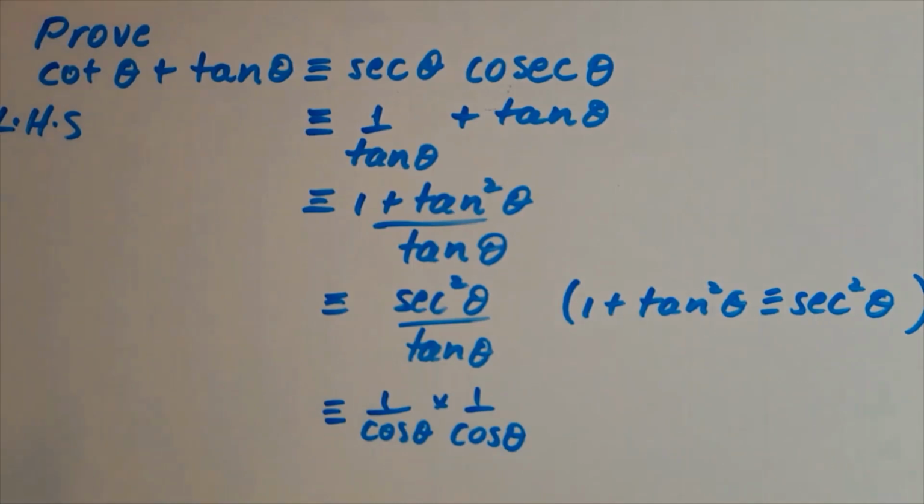So we know sec theta is equal to the reciprocal of cosine theta. So sec theta squared is 1 over cosine theta times 1 over cosine theta. Or we could have gone and written here as 1 over cosine squared theta.